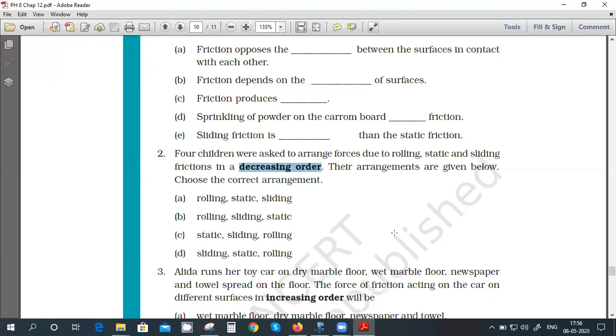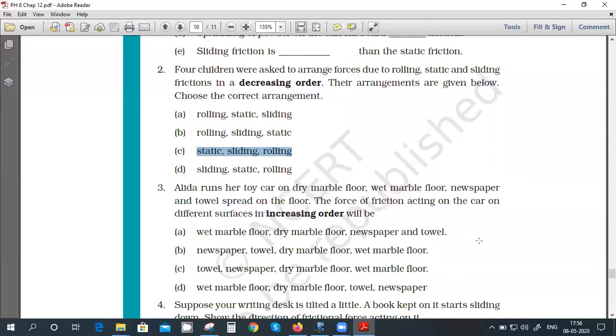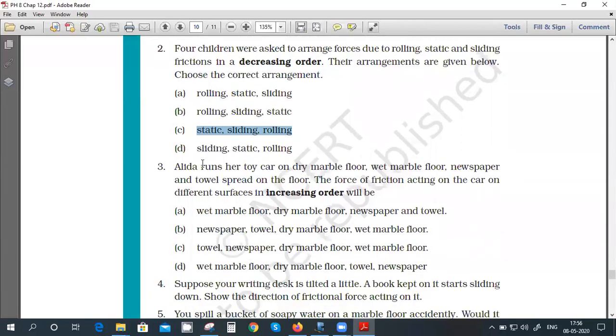So static. Next one will be sliding. So this one, right? It's the only one that's static, I mean, sliding... I mean, static.